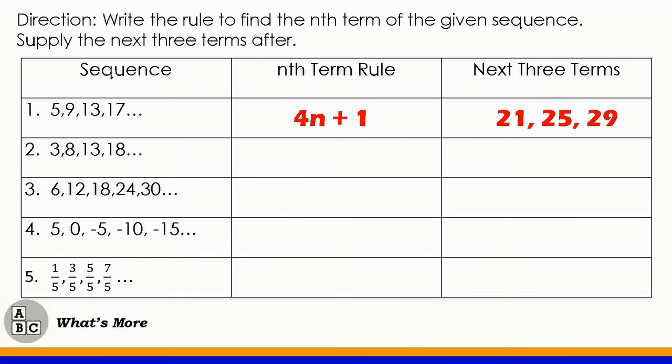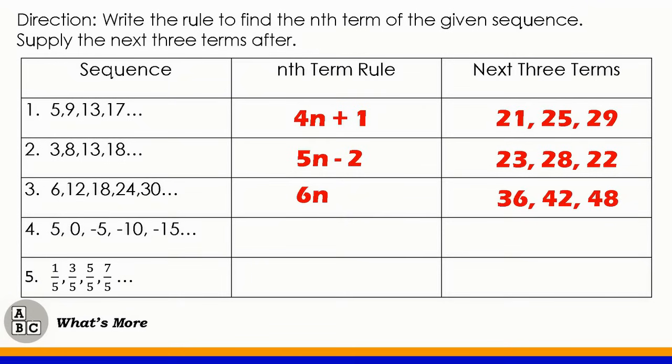The nth term rule here is 5n minus 2, and the next 3 terms are 23, 28, and 33. We have 6, 12, 18, 24, 30 for number 3. And the nth term here is 6n. And the next 3 terms are 36, 42, 48.